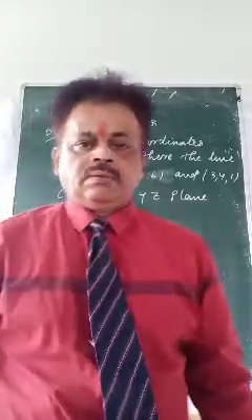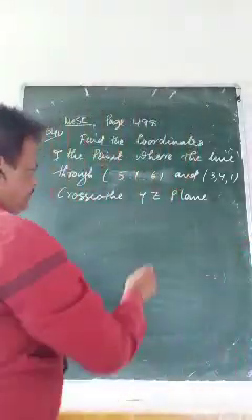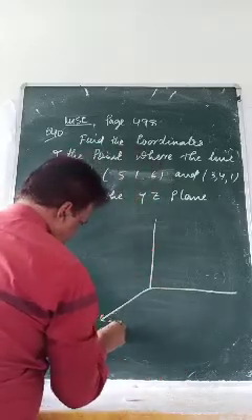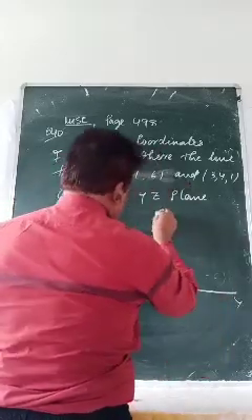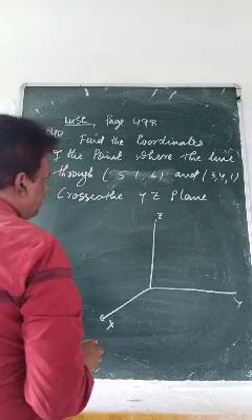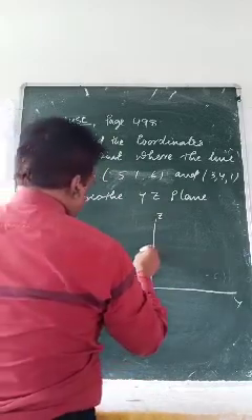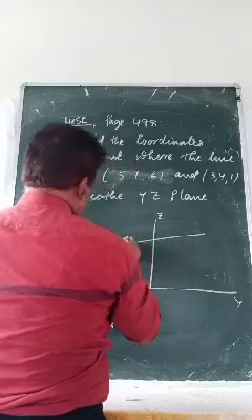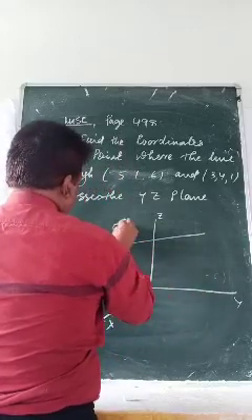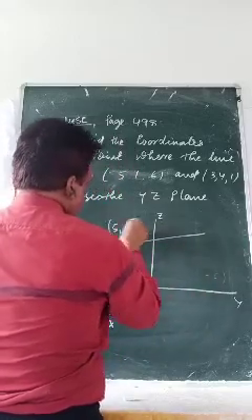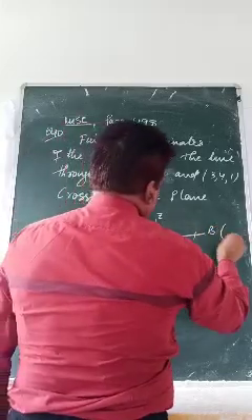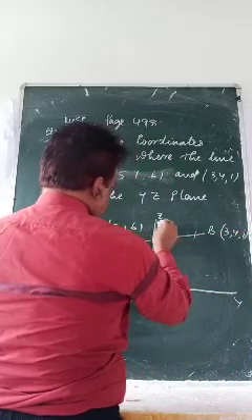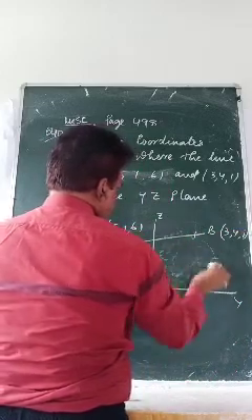Okay, look here. See, this is X, this is Y, this is Z. There is a line. Say it is a point A (5, 1, 6), B point (3, 4, 1), crosses the YZ plane.